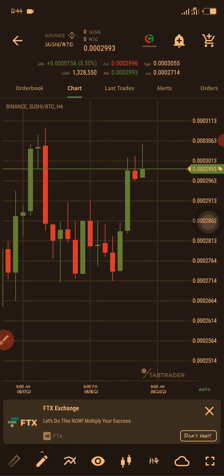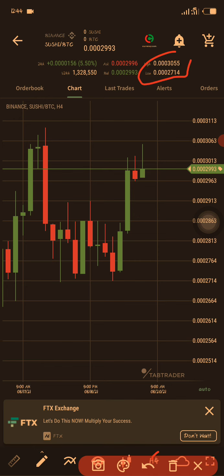And if you look at this place, this is the highest value it had attained, the highest price and the lowest price it attained within that space of 4 hours.